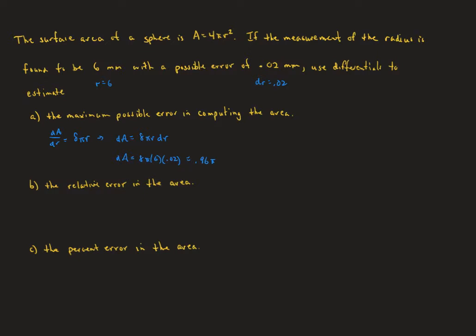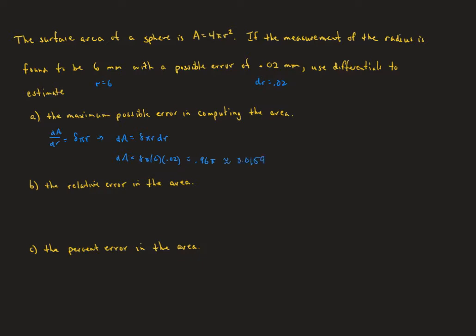You're welcome to leave it like that, or if we put that on our calculator, that's okay too. 0.96 pi looks like about 3.0159.